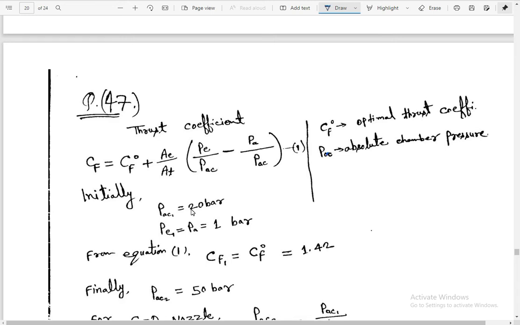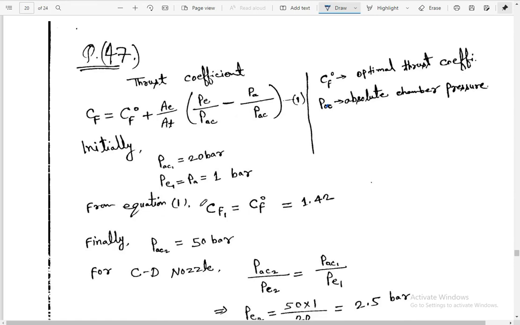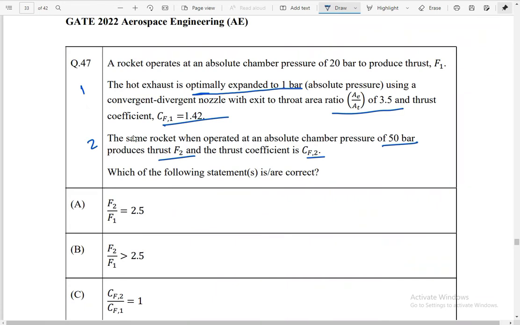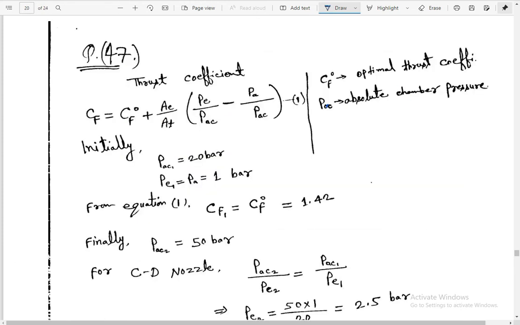Initially, in the first rocket, the absolute chamber pressure PAC is 20 bar and the exit pressure is 1 bar. Here the exhaust is optimally expanded, so we have PE equal to PA, the ambient pressure, that is 1 bar.